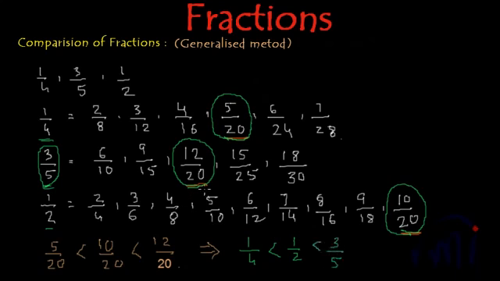So actually 3 by 5 is the biggest fraction and this is the fractions in the ascending order, right?